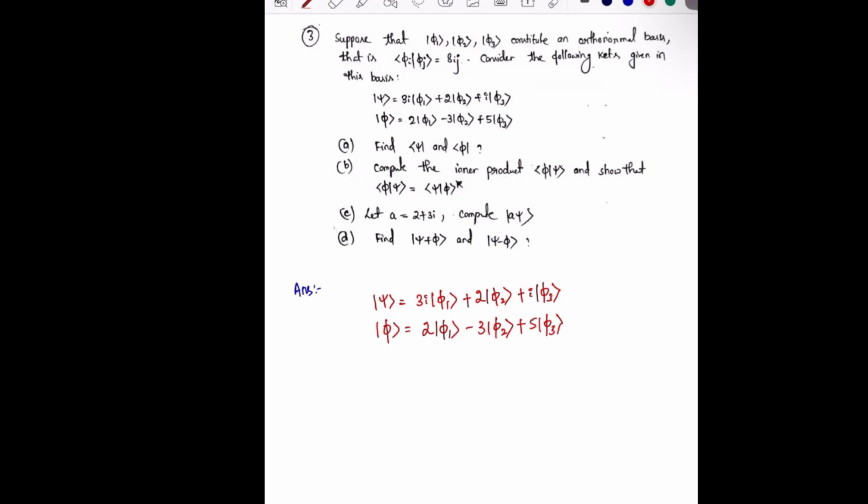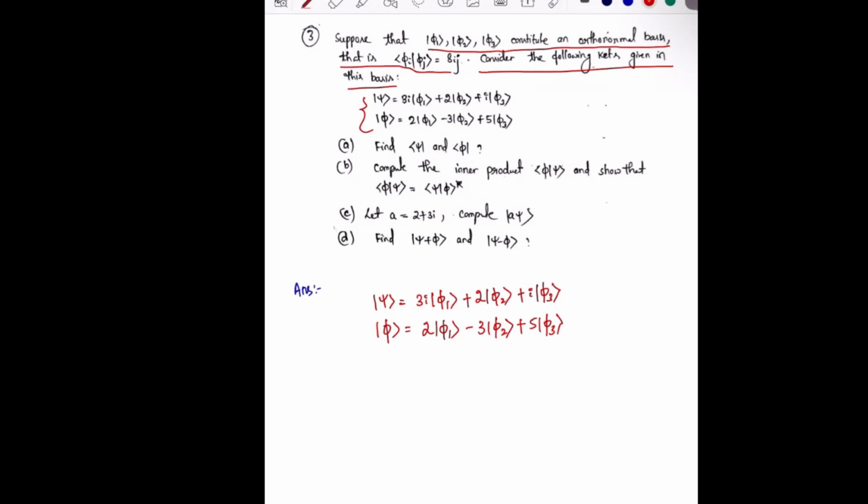Suppose that phi 1, phi 2 and phi 3 constitute an orthonormal basis, that is, the inner product of phi i and phi j is delta ij. Then consider the following kets given in this basis, these two ket vectors.